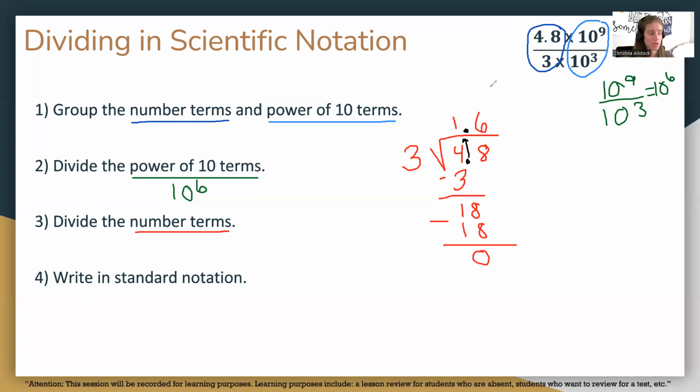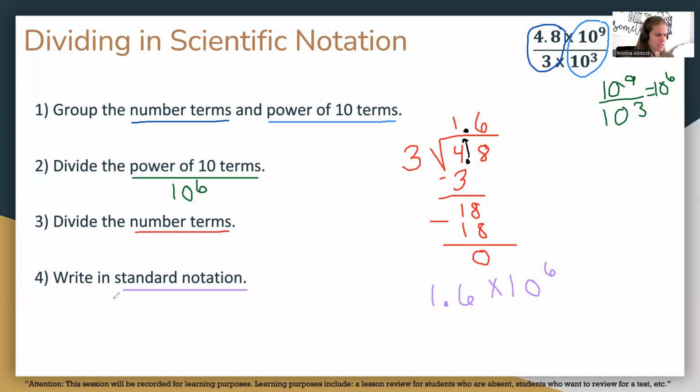All right, step number 4 tells us to write it in scientific notation. We're gonna put our two pieces back together. 1 6/10 times 10 to the 6th. Do I need to do any rewriting, or is this already in correct standard notation? Or right in standard notation, I got a typo.